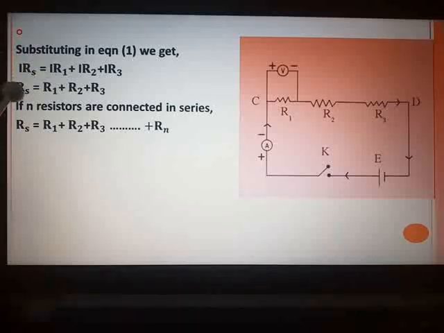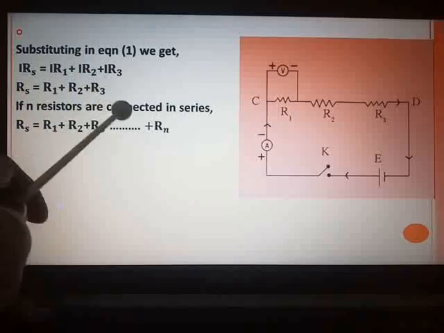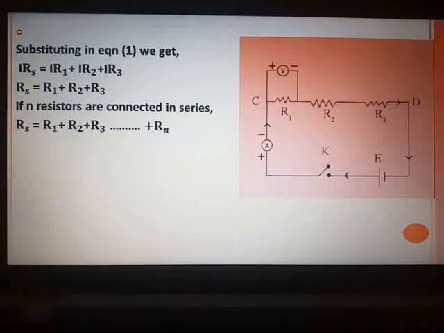So the final equation is RS, that is the effective resistance in a series combination, is equal to the sum of the resistances: R1 plus R2 plus R3. If there are n number of resistors, the formula is RS is equal to R1 plus R2 plus R3 plus up to Rn. This is the formula when the resistances are connected in series.